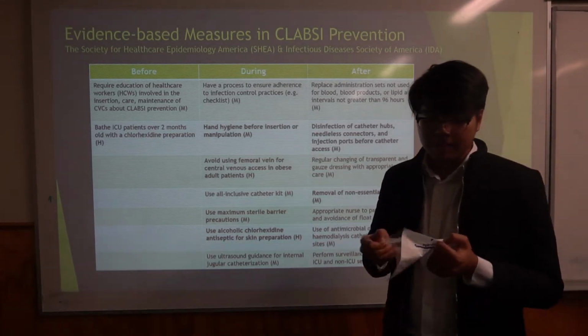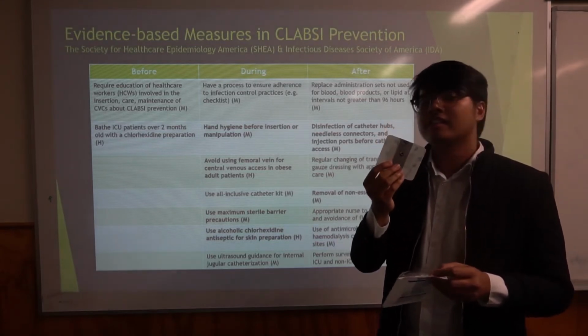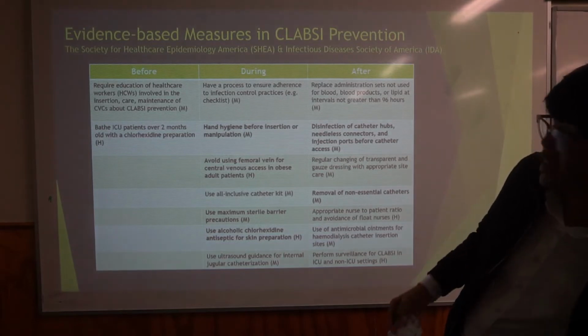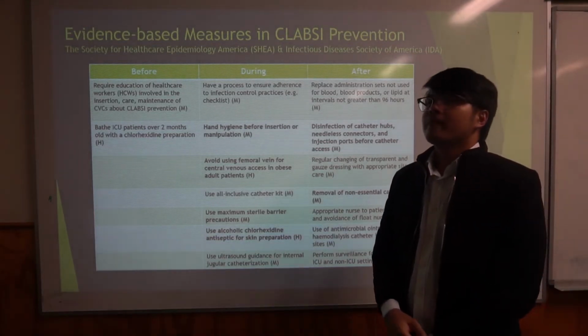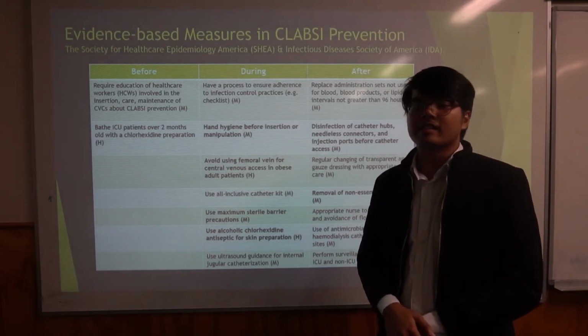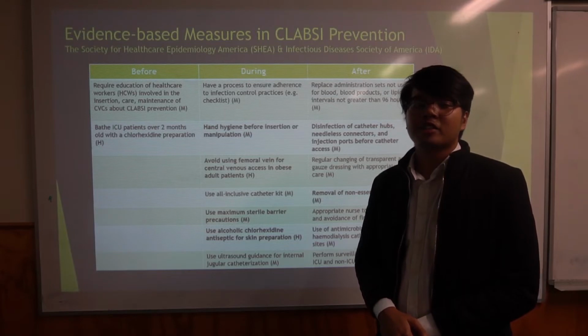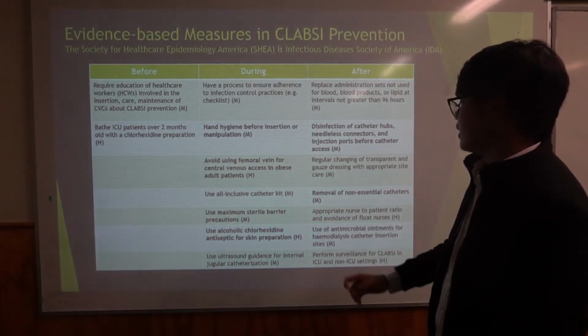So this is an example of a transparent dressing used over the catheter insertion site. Then, removal of non-essential catheters. So doctors should always assess if the catheter is still essential, and if it's not, the catheter should be removed as soon as possible to reduce the risk of infection.